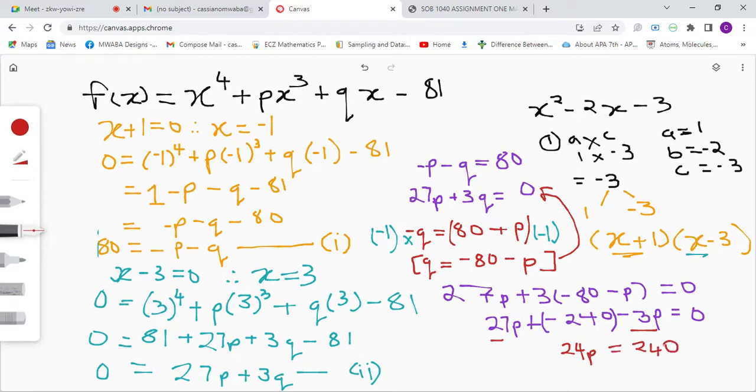And this 240 will go to this side, positive 240. So we say 24P divided by 24 and 240 divided by 24. So P equals 10. Are we clear there?